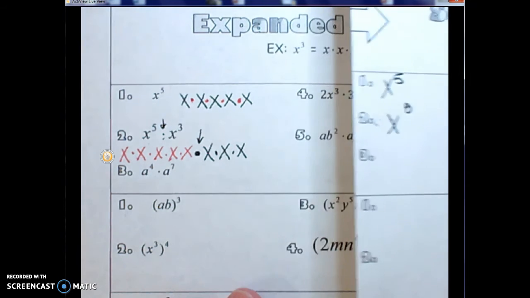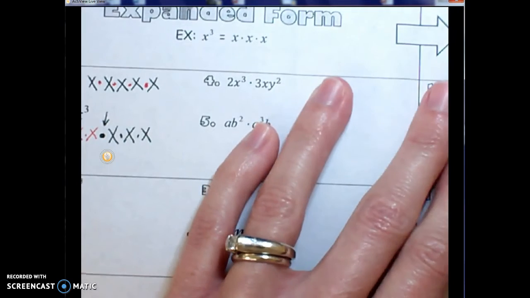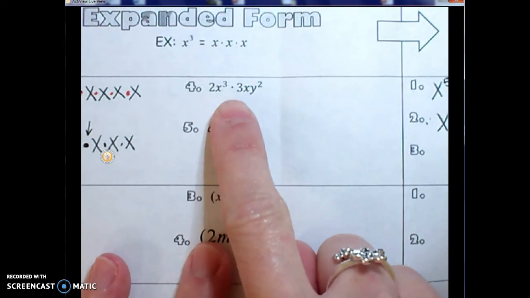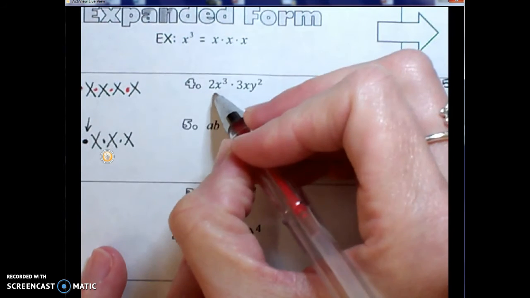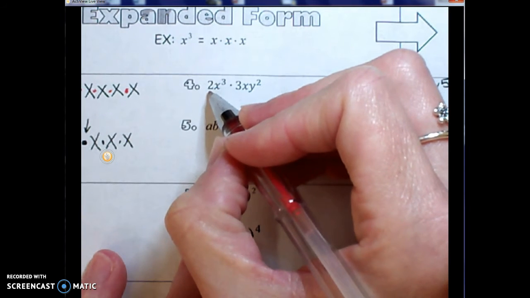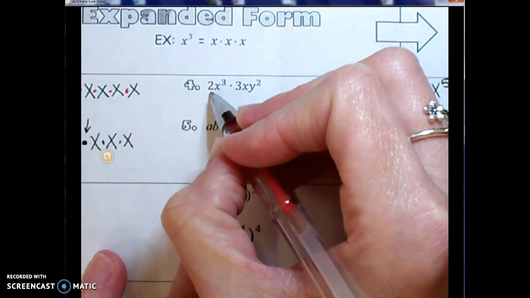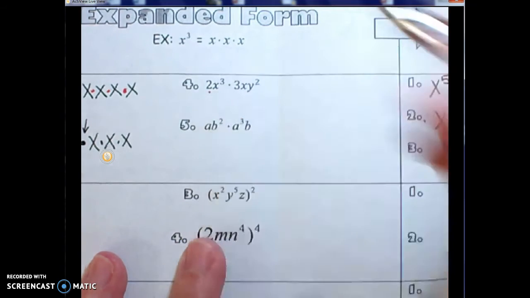Okay, let's look at one that's maybe a little more challenging, problem number 4. On the expanded side, we have 2x to the 3rd times 3xy squared. So I'm going to expand the first part, 2x to the 3rd power. How many 2's do I have here? 1. Is there any exponent with the 2? No. You could say there's a little exponent of 1, but we won't get into that.